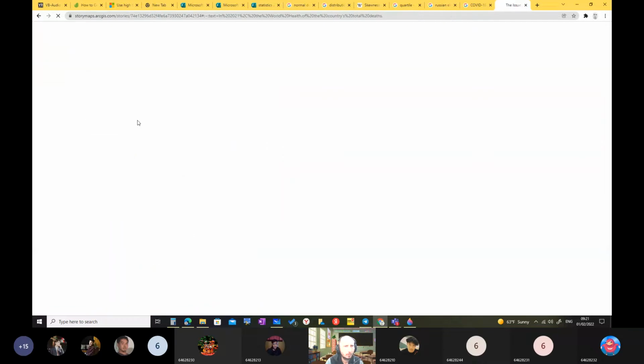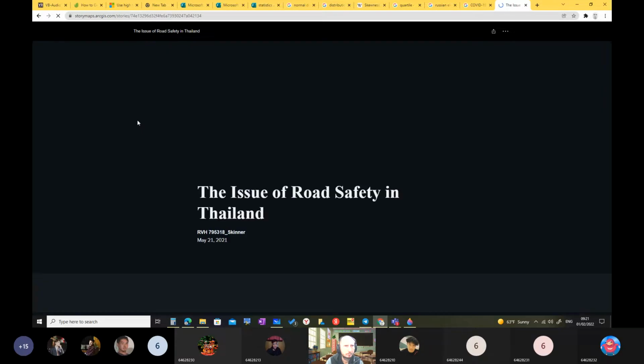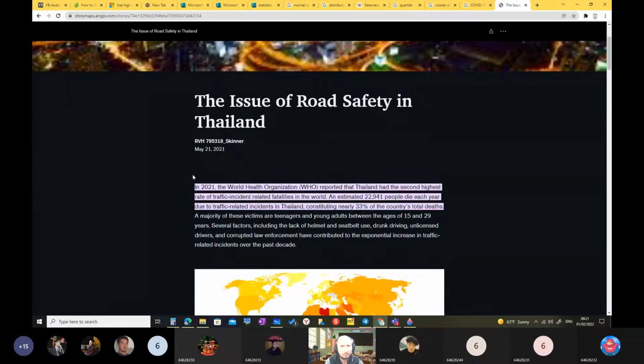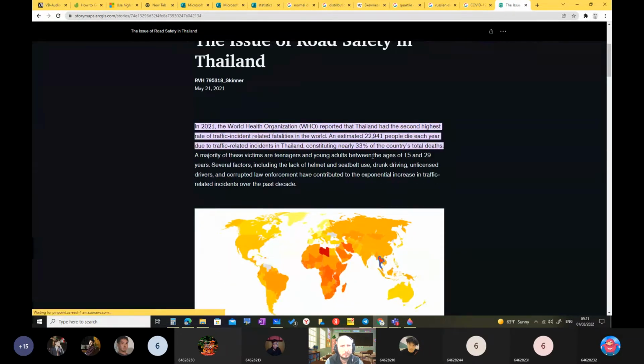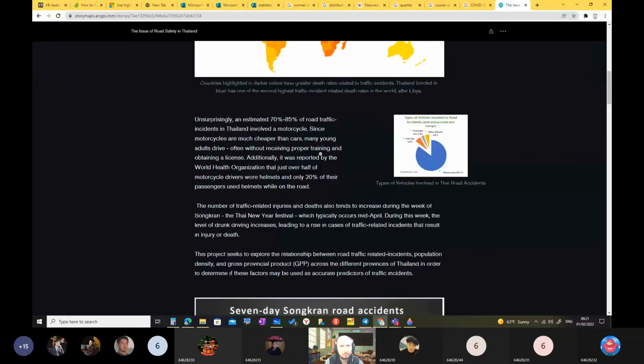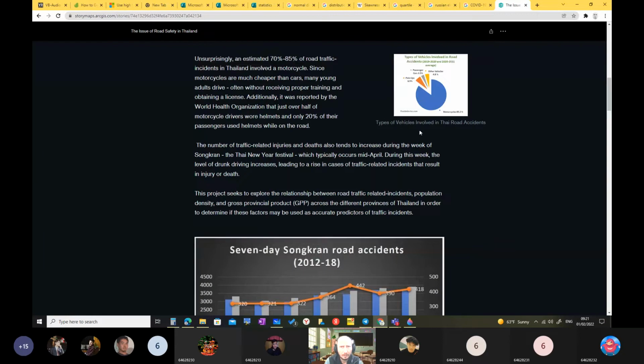Okay, so for example, we open the data, right? Again, it's not complete data. This is from an article. So they have all the numbers, and then they put it, and they make it. I will show you how to make it.